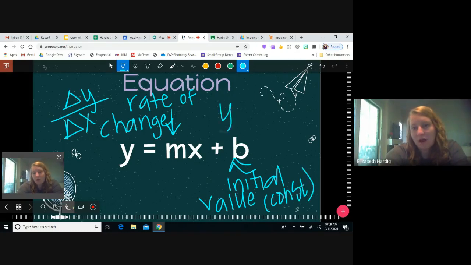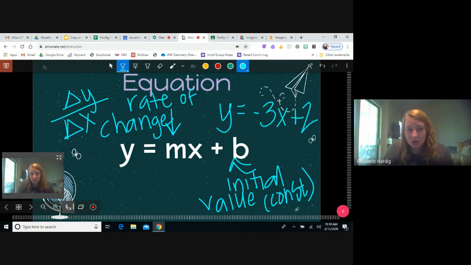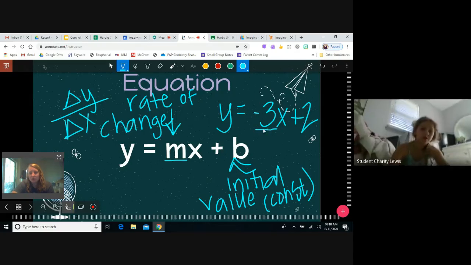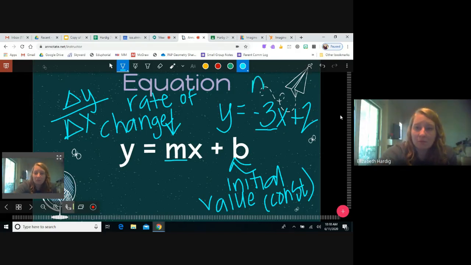So if I have y equals negative 3x plus 2, what is my rate of change right there? If the coefficient, the number in front of my variable, is always my rate of change, what is my rate of change over here? Negative 3. Now the negative 3 would be m.